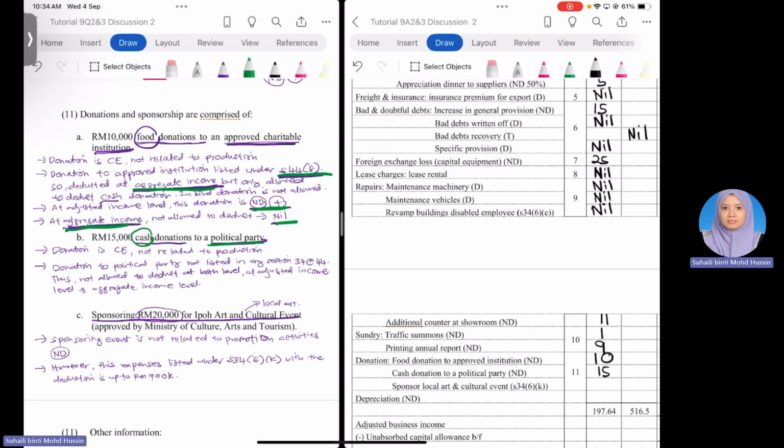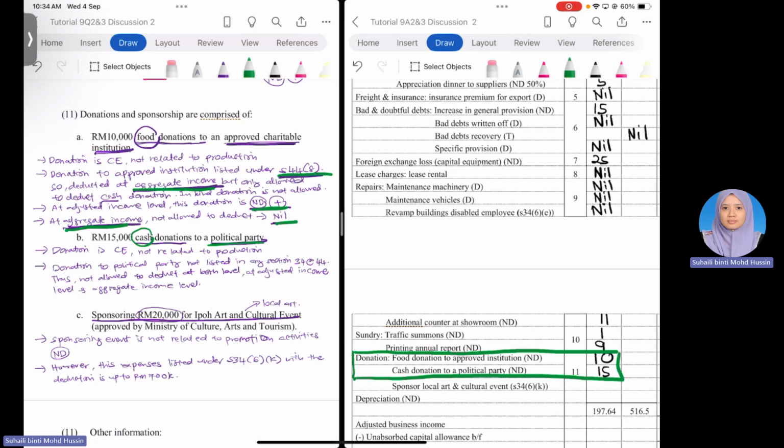Then we will record this item again at the aggregate income level to test whether we have a section to cover it or not. So these two items we will record again at the aggregate income level to test one more time whether they are allowed for deduction or not.